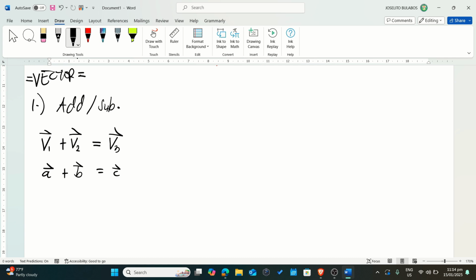So to put this graphically, we'd say A, and then we have here, not necessarily like that, B. This is our B, and therefore our C must be this one.